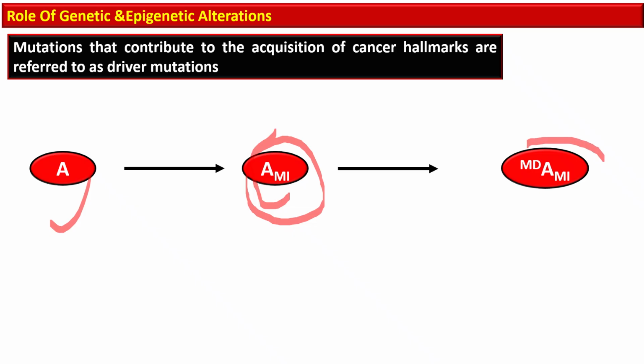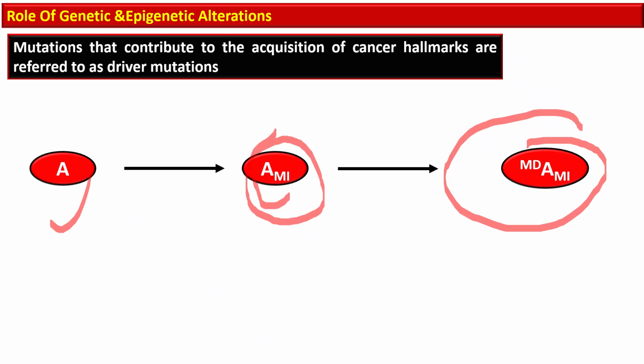Then there is acquisition of additional driver mutations. They are required for full malignant transformation. Each additional mutation pushes the cell further towards uncontrolled growth, survival, and invasion.